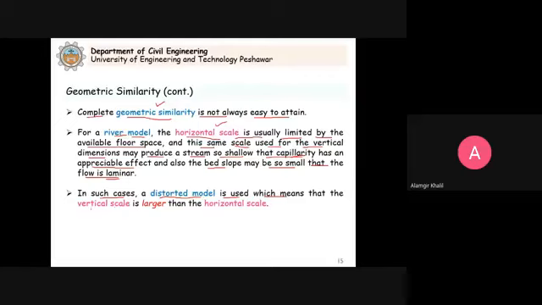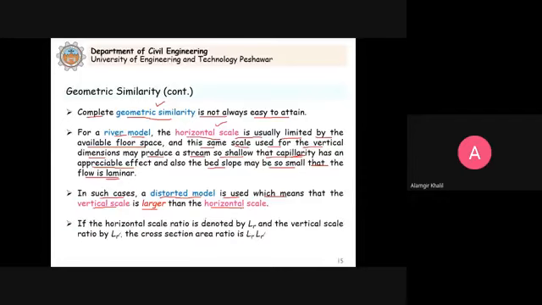that the vertical scale is larger than the horizontal scale. So then in that case, if the horizontal scale ratio is denoted by LR and now the vertical scale is different, so the vertical scale ratio is LR prime or dash, then the cross-sectional area ratio will be LR into LR prime.